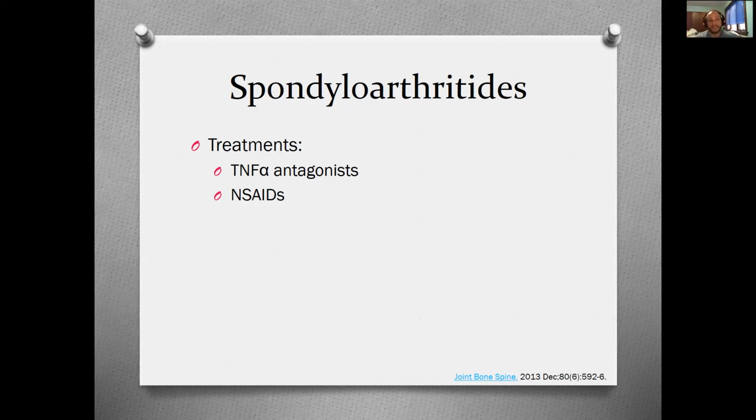Second line in these conditions, NSAIDs, which is going to be pretty much our first line agent for DISH. I'll talk about it a little bit more when we go on, but we're going to want to start like we do with any pain condition. We're going to start with the adjuvant analgesics and work our way up depending on the patient's symptoms and what's going on with them as a whole.